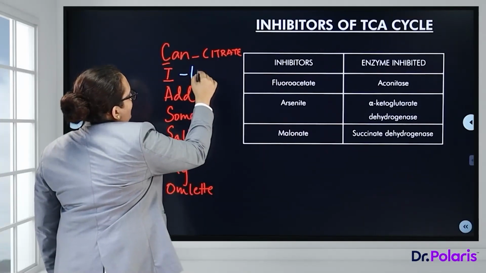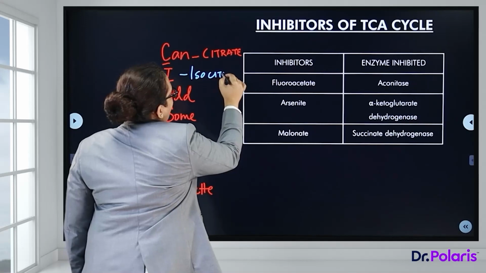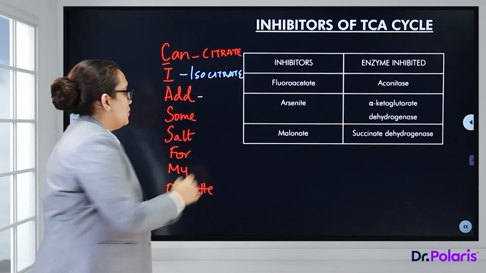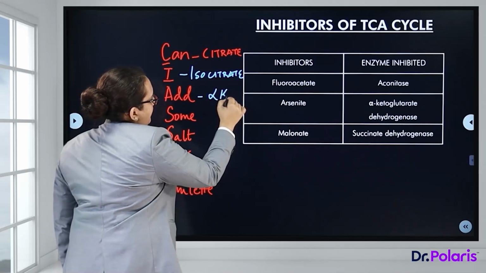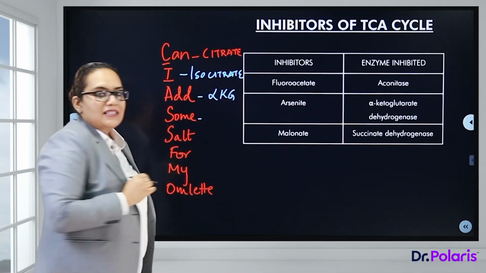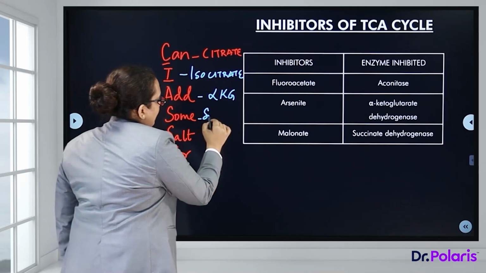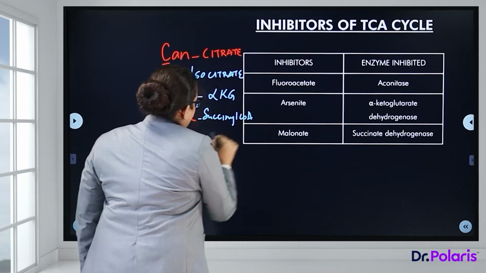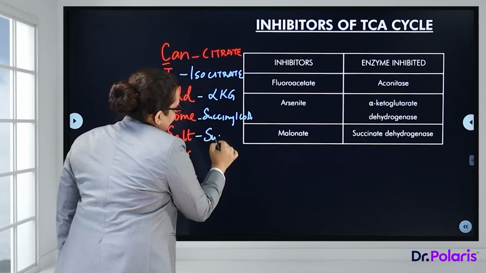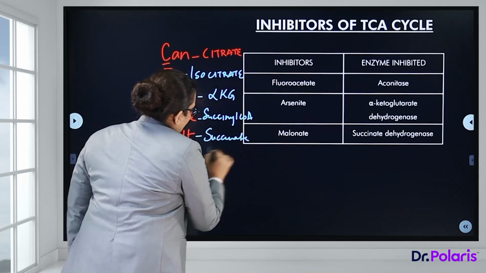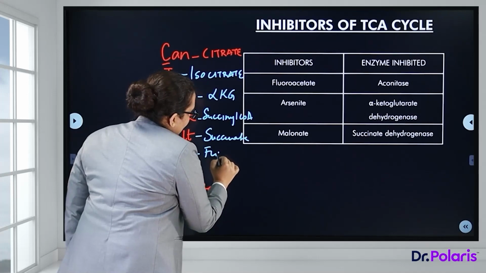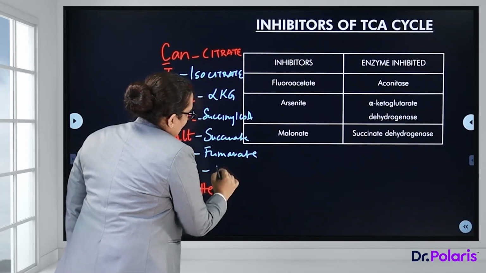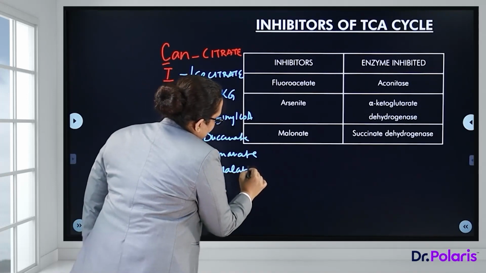I stands for isocitrate. A stands for alpha ketoglutarate. S stands for succinyl-CoA. Then the other S stands for succinate. F stands for fumarate. And obviously M and L stands for malate and oxaloacetate.